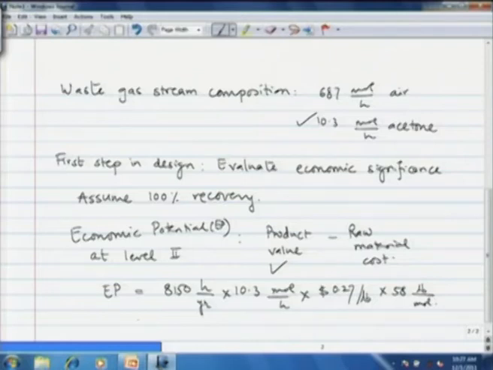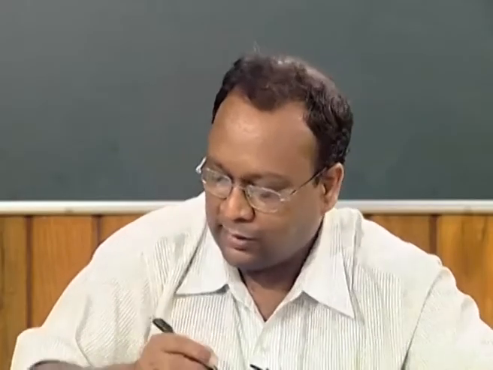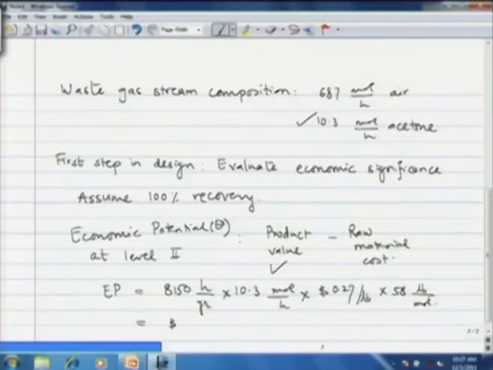Therefore, the net economic potential of the process, that is the net value of the acetone that is recovered in the absorber, is over $1 million. This is an attractive figure. So, the economic potential at level 1 is quite promising and encouraging to go to the next step.